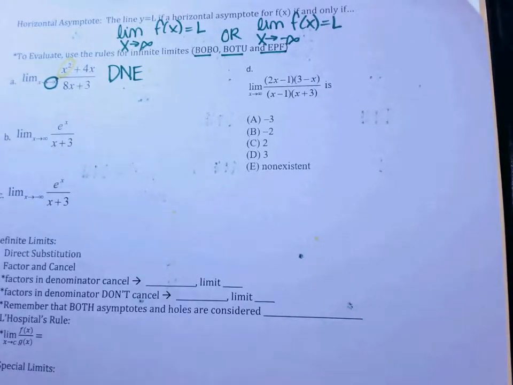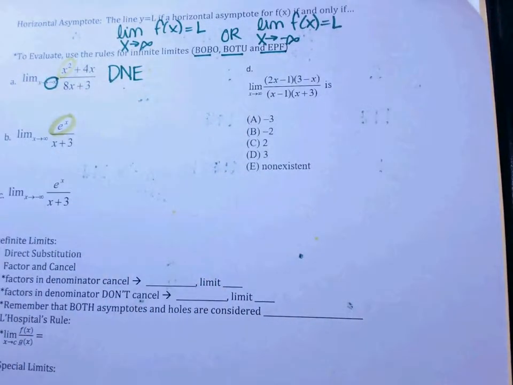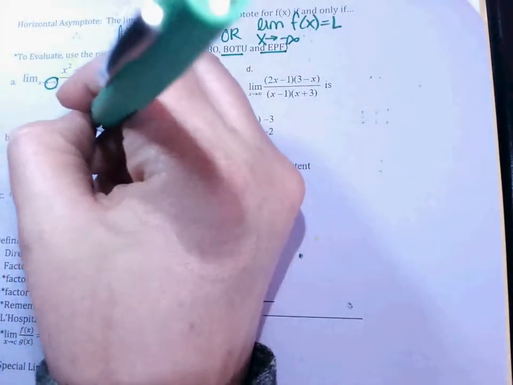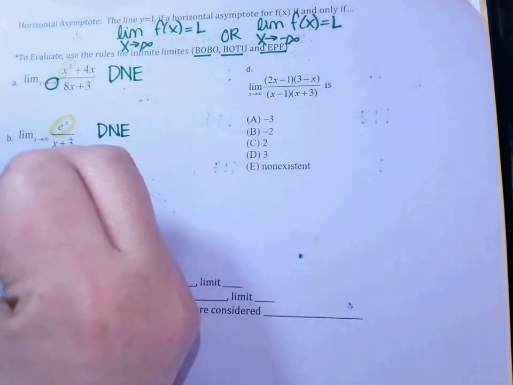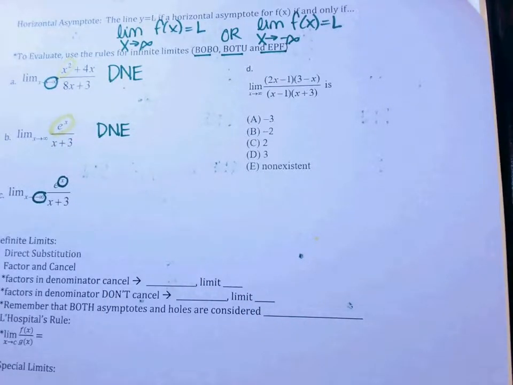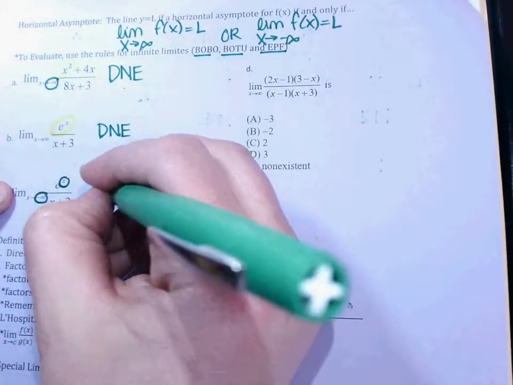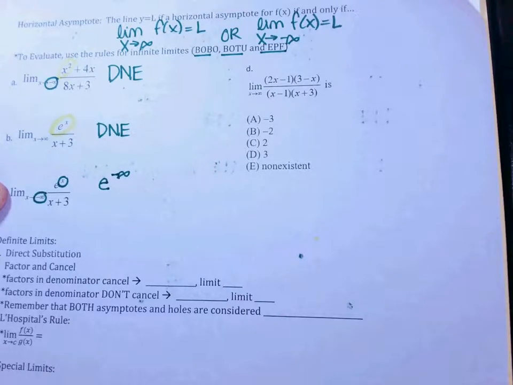Okay, so look at B. X is approaching infinity. Who's bigger? E to the x. Yep. E to the x, exponentials are bigger than x plus 3, so that would be what? DNE. Okay, then on C, I don't know if you guys remember this, but if x is approaching negative infinity, and you're plugging that into an exponential function, what happens is you have e to the negative infinity, and whenever an exponential has a negative, you can move that term down into the denominator.